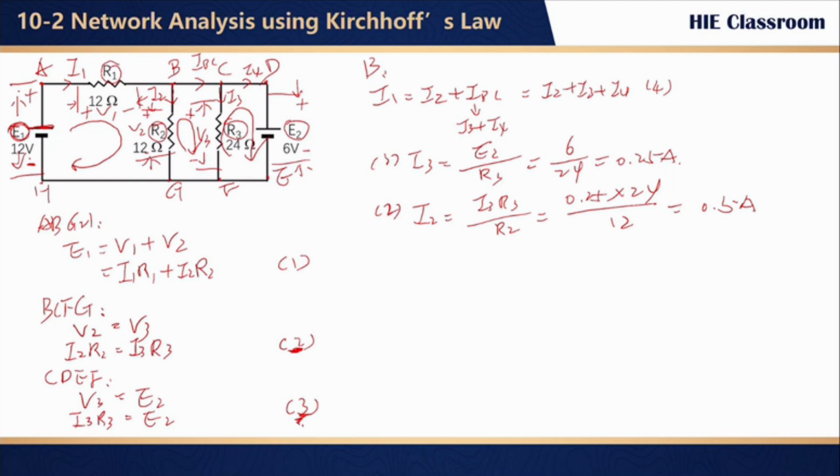Now that we have I2, equation 1 can be solved. Here it is: I1 equals E1 minus I2 R2, over R1. Then we have 12 minus 0.5 times 12, over 12.